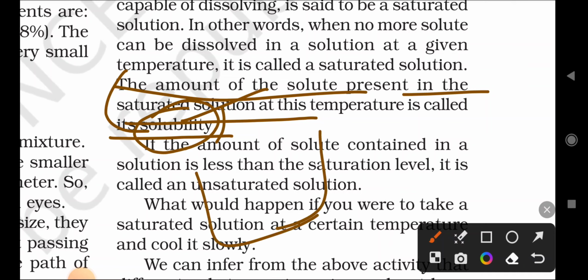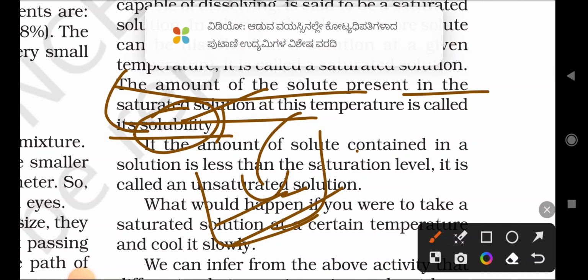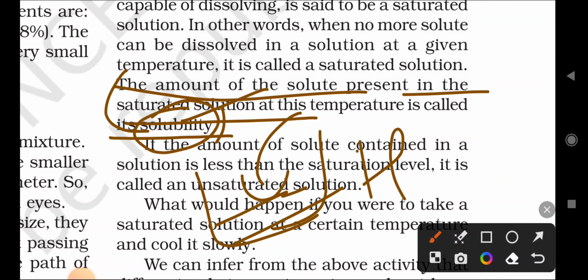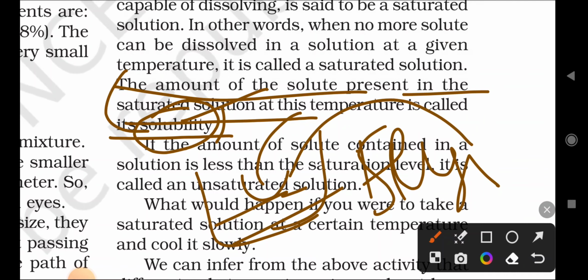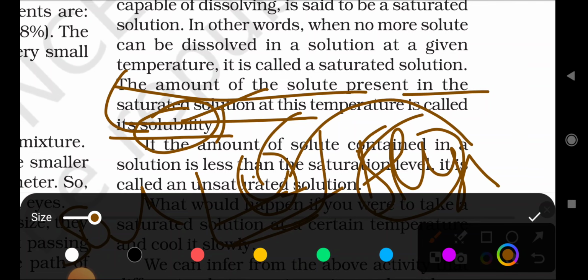For example, when we add sugar to water, how much sugar is present in this water will be called the solubility of sugar.